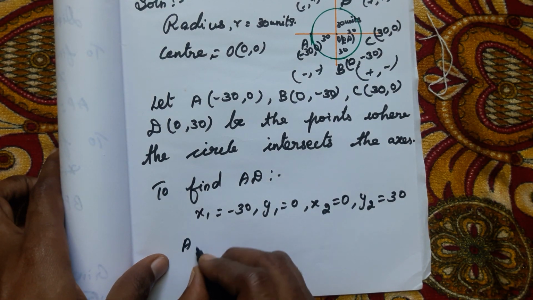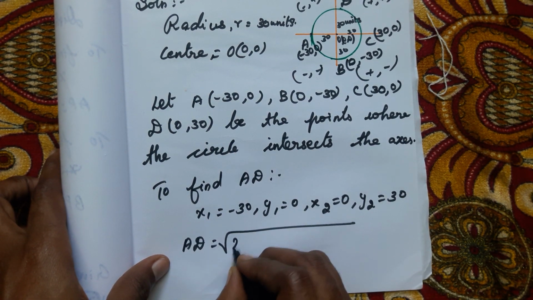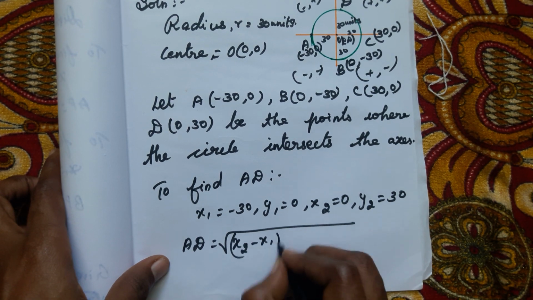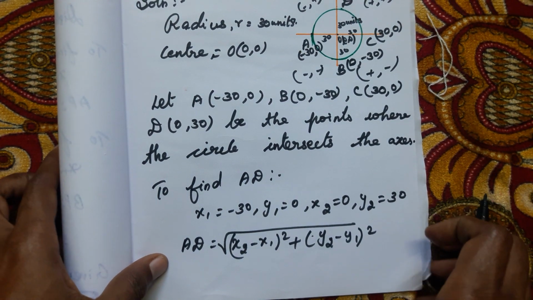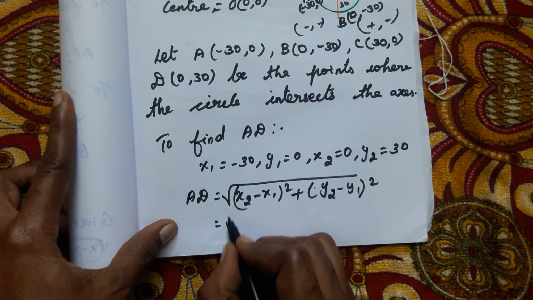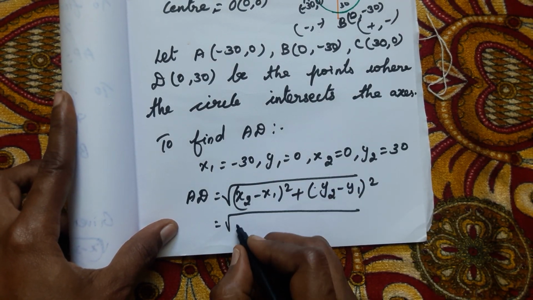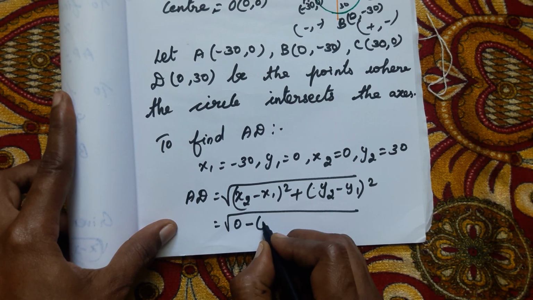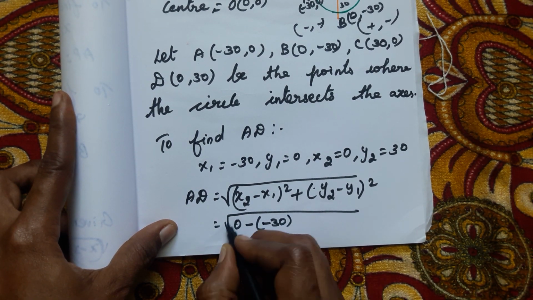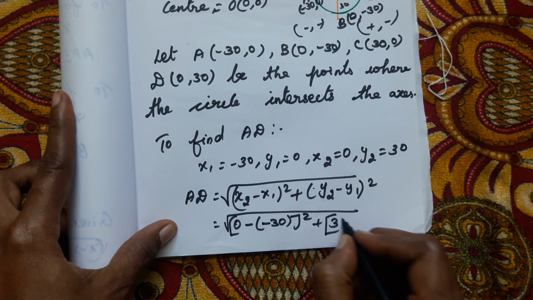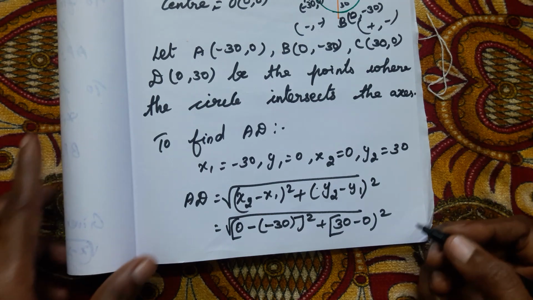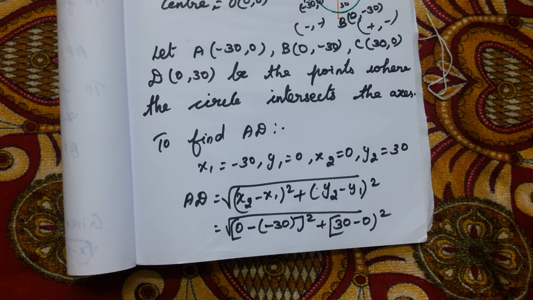Next, AD is equal to the formula root of x2 minus x1 the whole square plus y2 minus y1 the whole square. It's equal to root of x2 value 0 minus x1 value minus 30 the whole square plus y2 30 minus 0 the whole square.